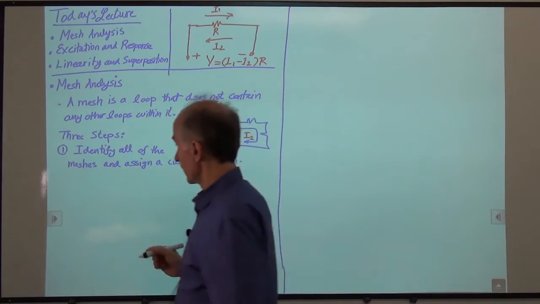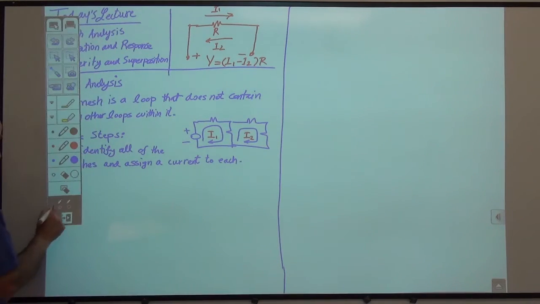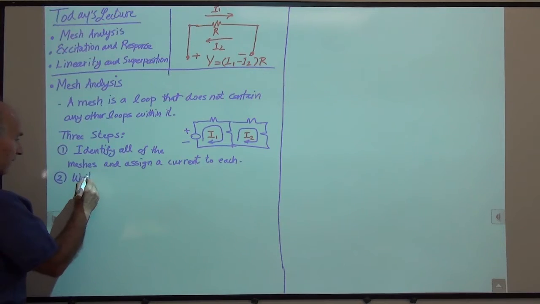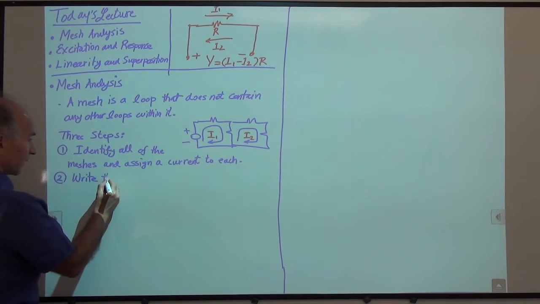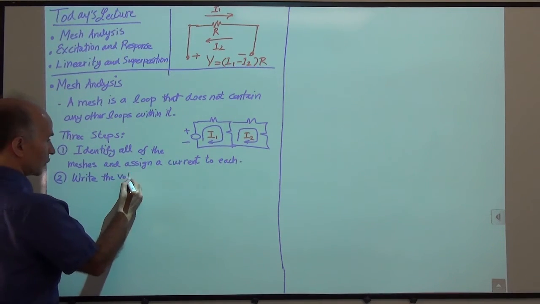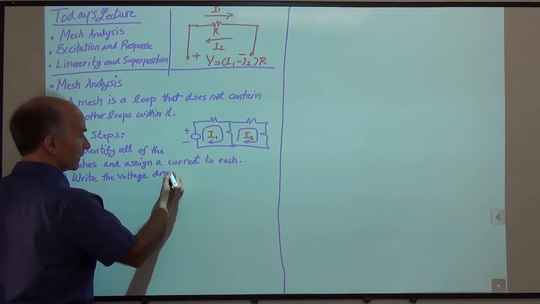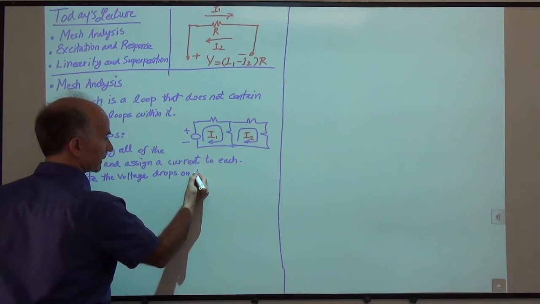All right. So in the next step, what we will do is we write all the voltage drops that we can find on the circuit.